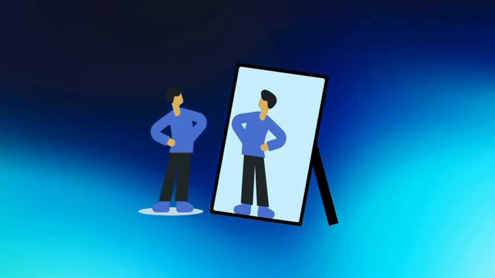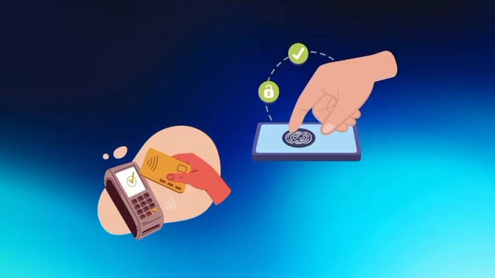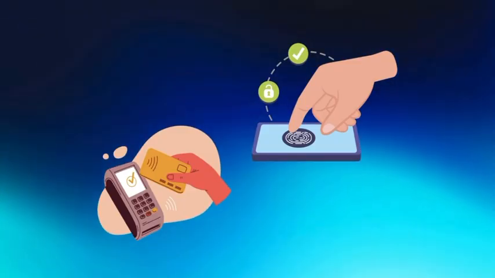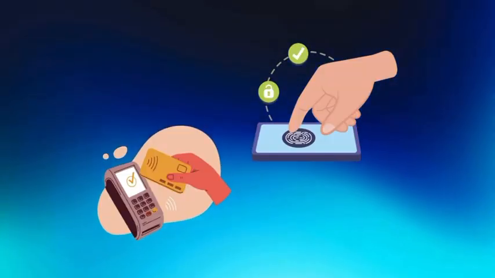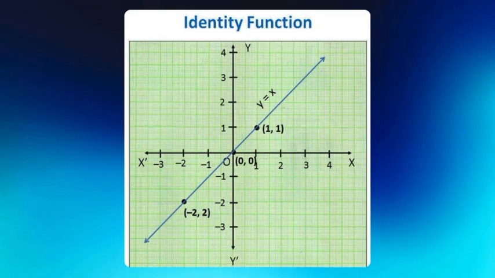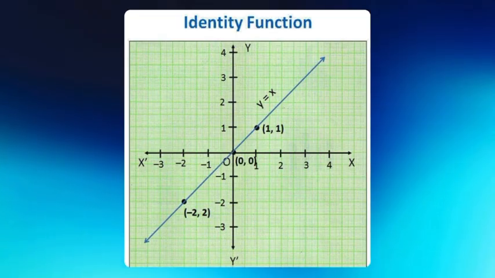Or, in the digital world, think of a direct pass system. For example, if you're scanning your fingerprint to unlock your phone, the system compares your scan to the saved version. If the output matches the input, the phone unlocks. On a coordinate plane, this function creates a diagonal line. Both sides are always equal.